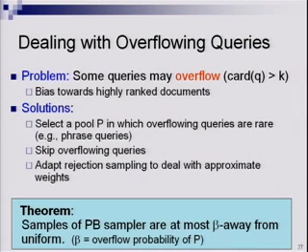And it depends on what we call the overflow probability of the query pool. This is just the fraction of queries in the pool that have more than k results, that are overflowing. Okay, so if your pool was indeed constructed in such a way that it has few overflowing queries, it also means that your samples will be very close to uniform. They will not be exactly uniform, but very close to uniform. Okay, and there are accurate mathematical ways to quantify this distance. Any questions?